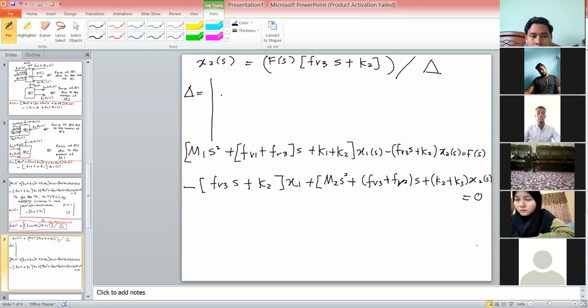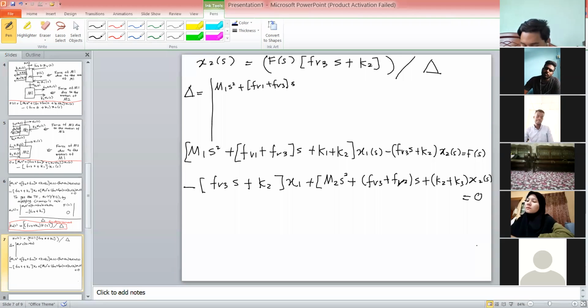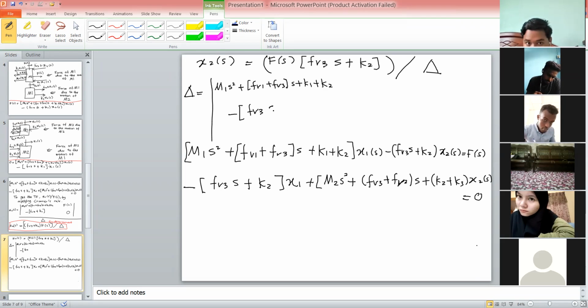Okay, we copy this one first. M1 S square plus FV1 plus FV3 times S plus K1 plus K2. The below one, FV3 S plus K2, right? This is the first column.